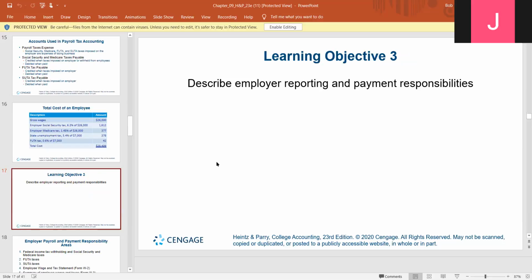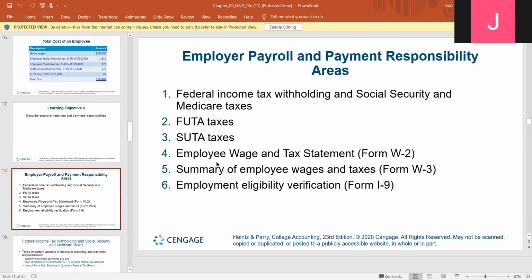Describe employer reporting and payment responsibilities. Okay. This is not going to take too long. The employer is going to use the payroll register to get all of this information. So you have to send out at the end of the year W-2s to everybody. You know what the W-2 is, I bet.